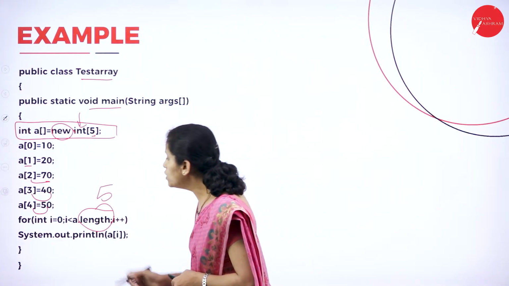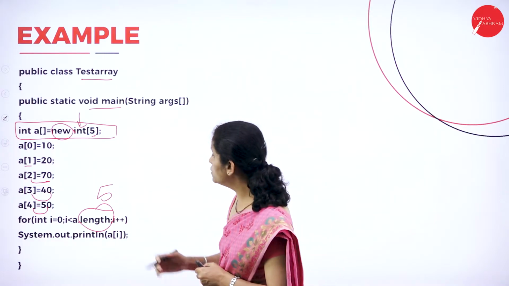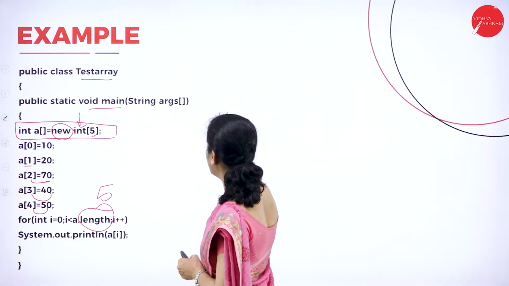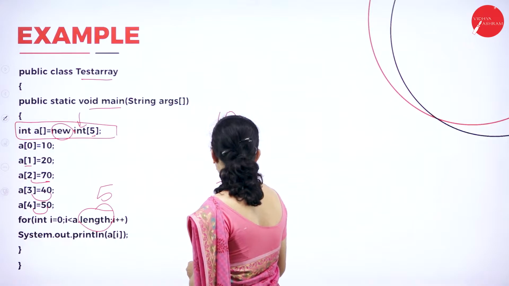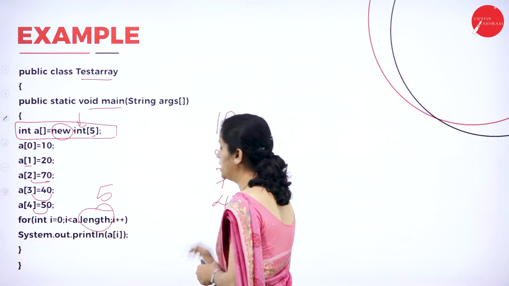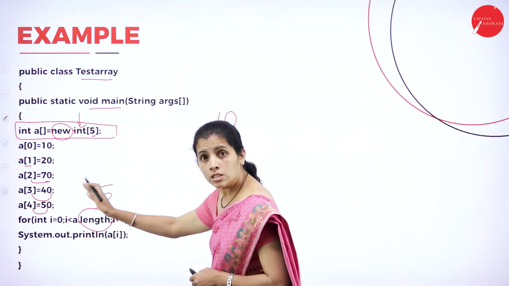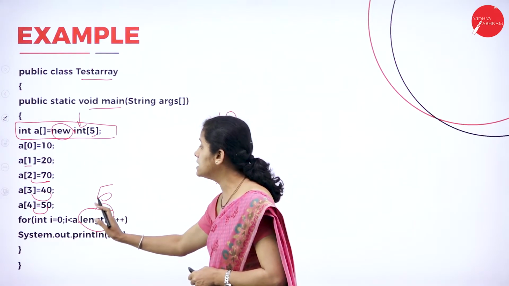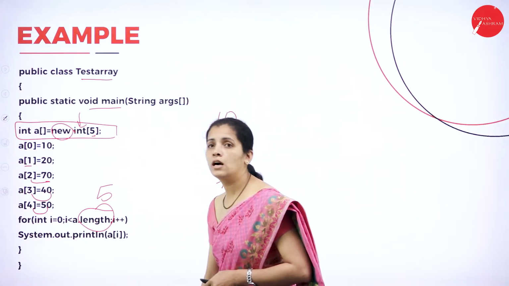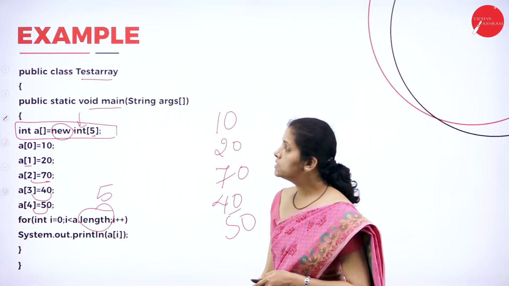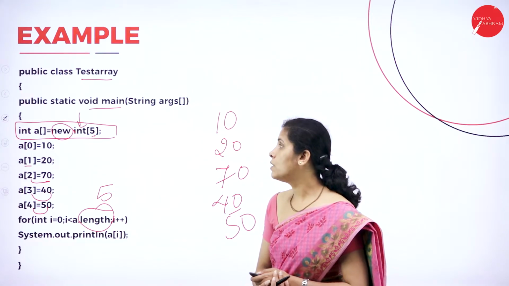So this for loop is going to execute 5 times, and it is going to display the values 10, 20, 70, 40 and 50. When i becomes 5, that is 5 less than 5, it is false. So the control comes out of the loop. This is the way I can create arrays in Java.